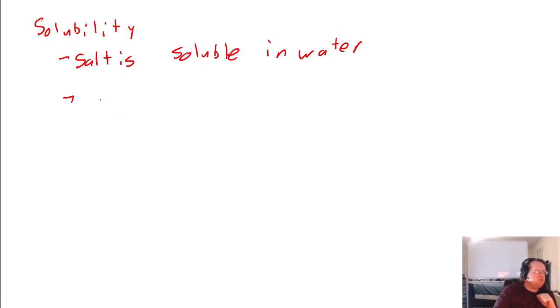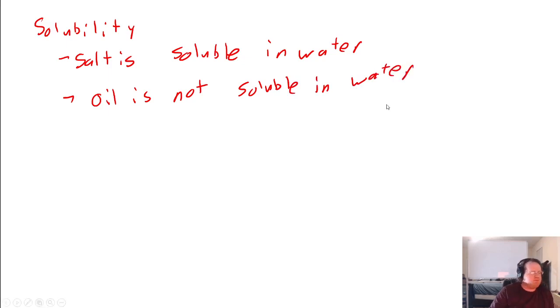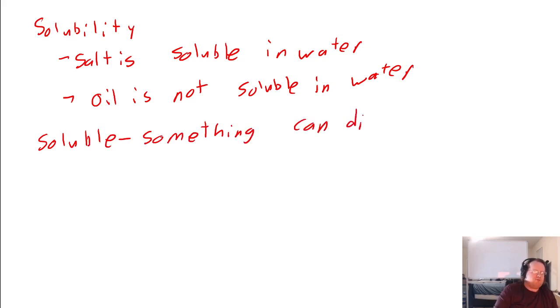On the other hand, oil is not soluble in water. That's the like dissolves like situation. So the term we're going to use will be soluble, meaning something can dissolve in something else, or we'll use the term insoluble to mean something can't dissolve in something else.